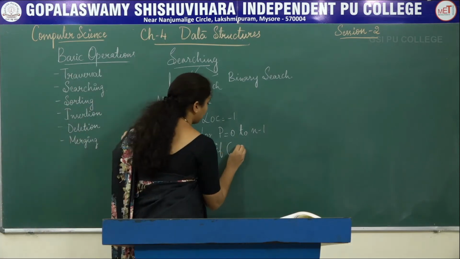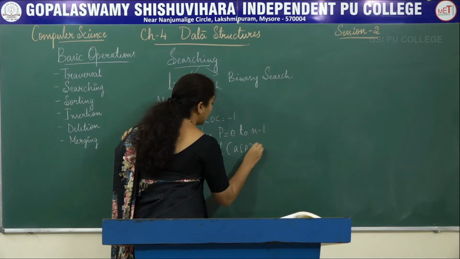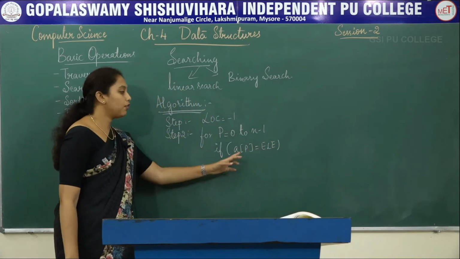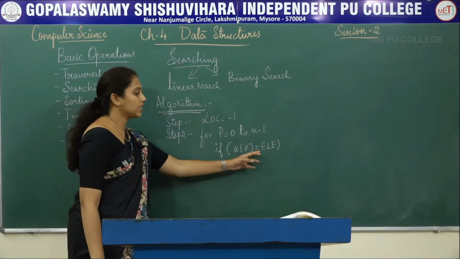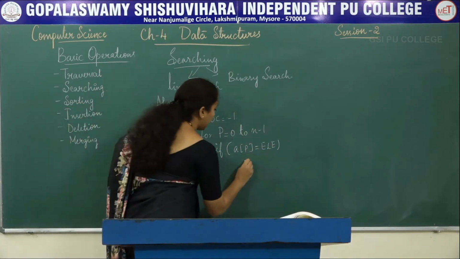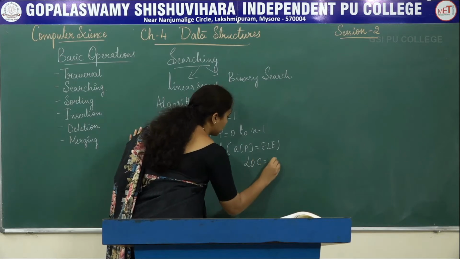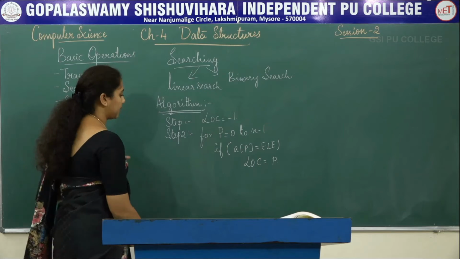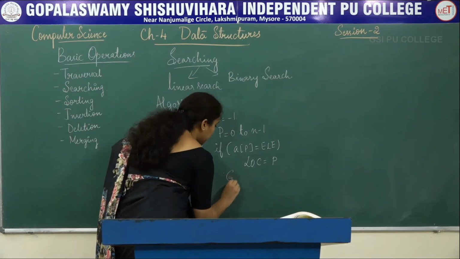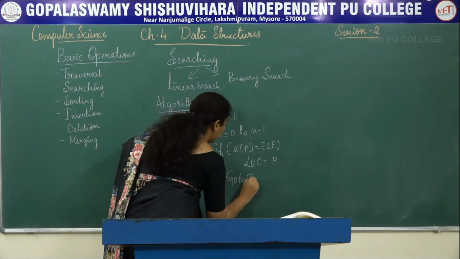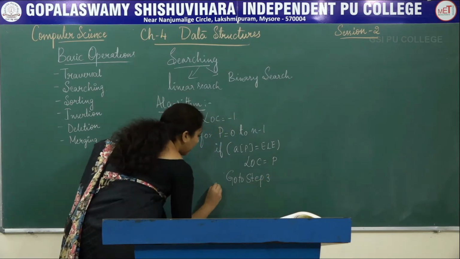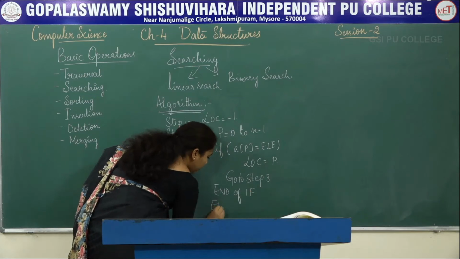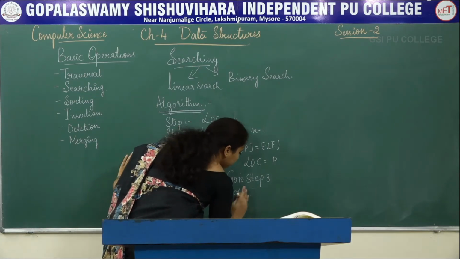If A of P is equal to element, so if A of position is equal to element, then location is equal to position. Then the location will be that position. Otherwise go to step 3. End of if, end of for.